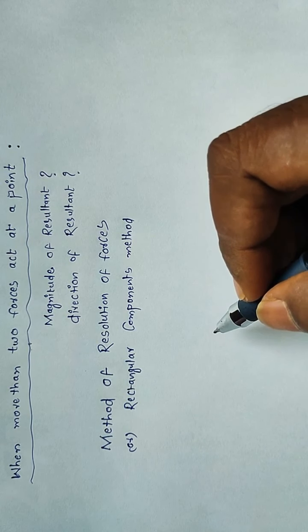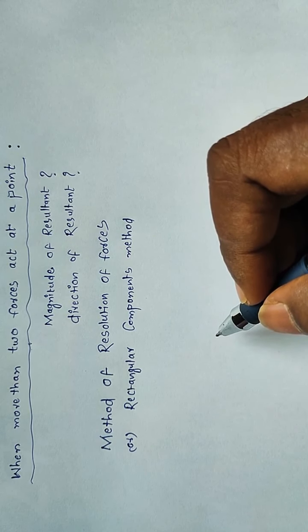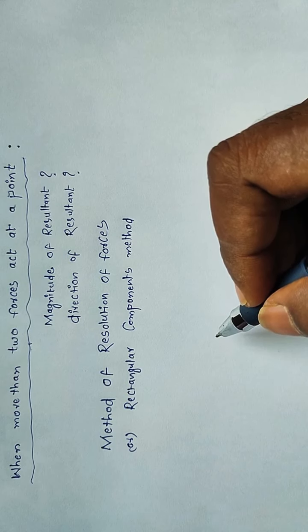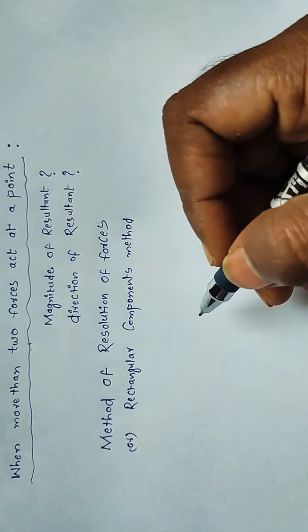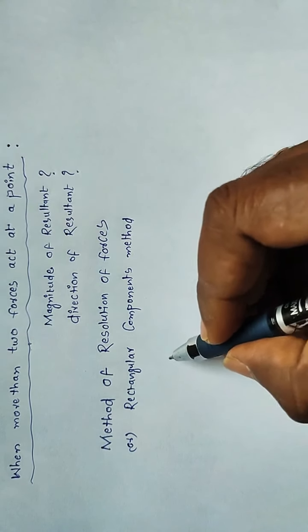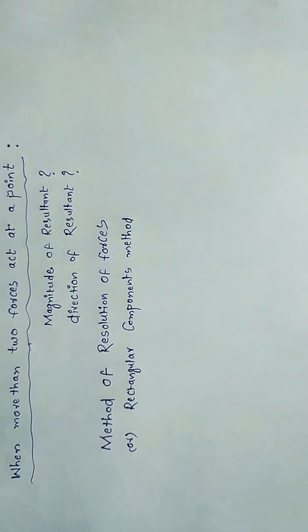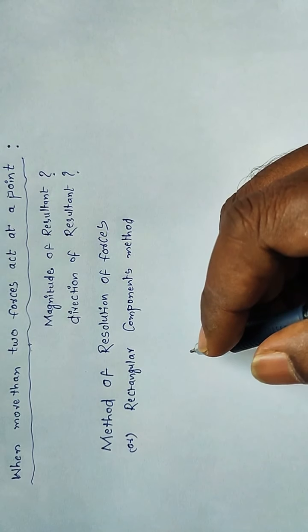Using the algebraic sums of all the horizontal and vertical components, we are going to find out the value of the resultant. So with one simple example we can understand this method.